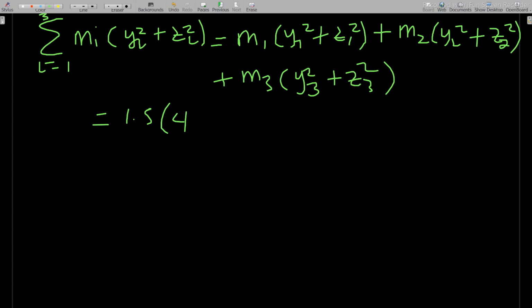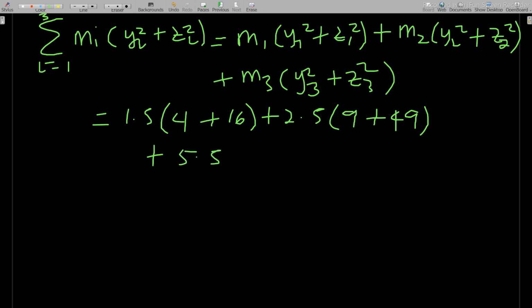So y1 squared is 2 squared, which gives me 4, plus z1 squared, that is 4 squared, which is 16, times 1.5. Then you go to the next position vector, pick your y2, square it, then z2, square it, plus 5.5 times 64 plus 9, and this should give me 576.5.